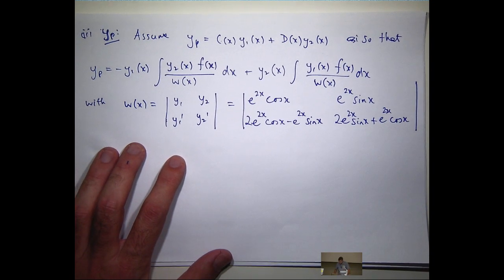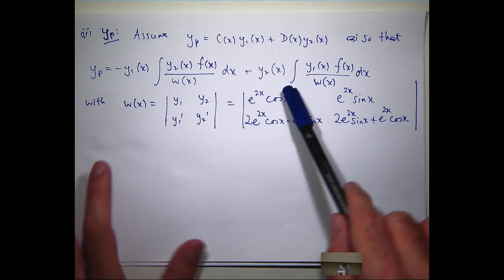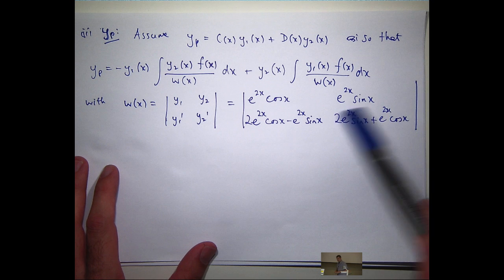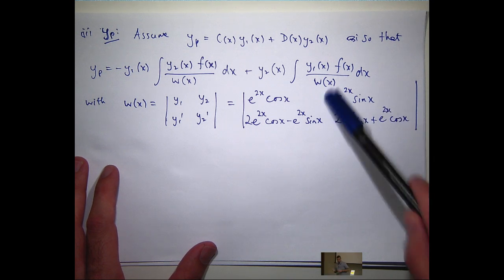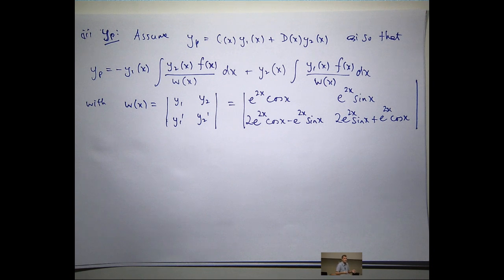All right. So now I want to take that determinant. To take the determinant of a 2 by 2 matrix, it's this times this minus this times all of this. Okay. Now it looks a bit messy, but we're actually going to get some nice cancellation.